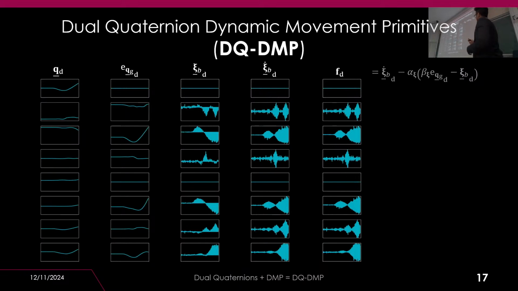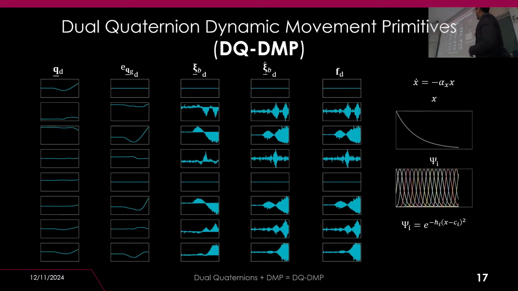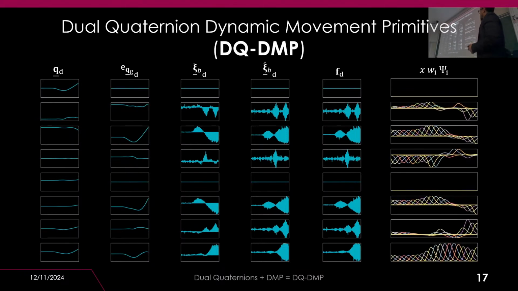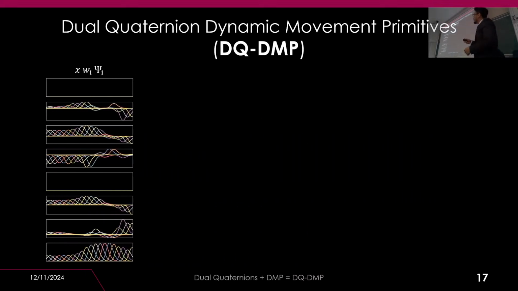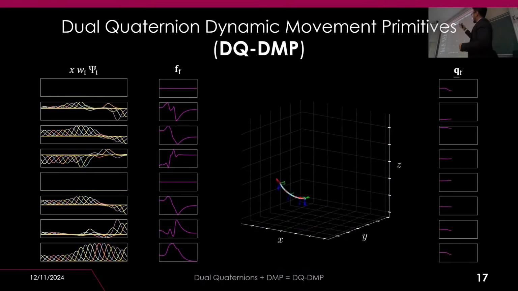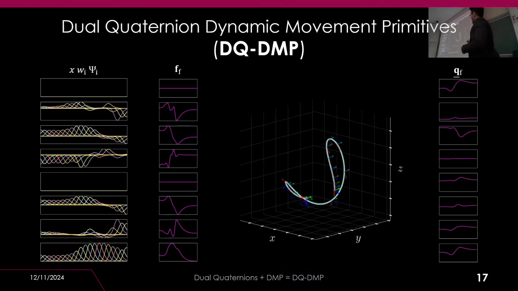Nevertheless, by using a canonical system as well as a set of Gaussian kernels, we are able to effectively encode the dynamics of the system, and we may use the set of weights, W, to reconstruct the full dynamics, the full behavior, extending it over time and guaranteeing convergence towards the goal value, the goal pose.